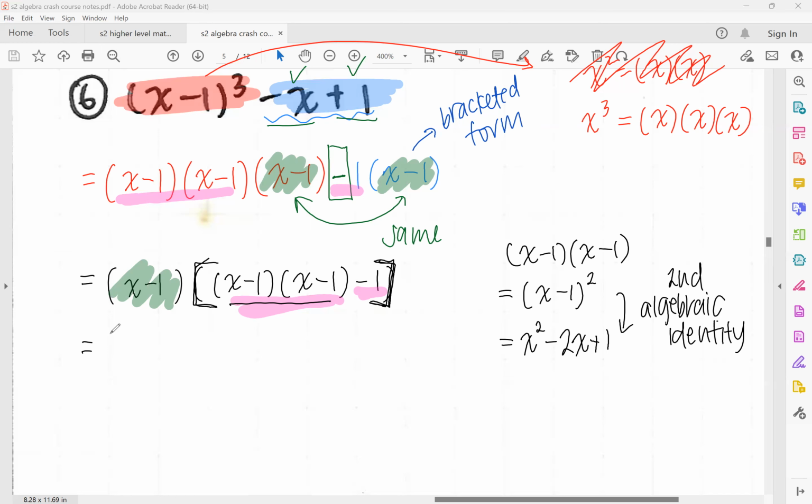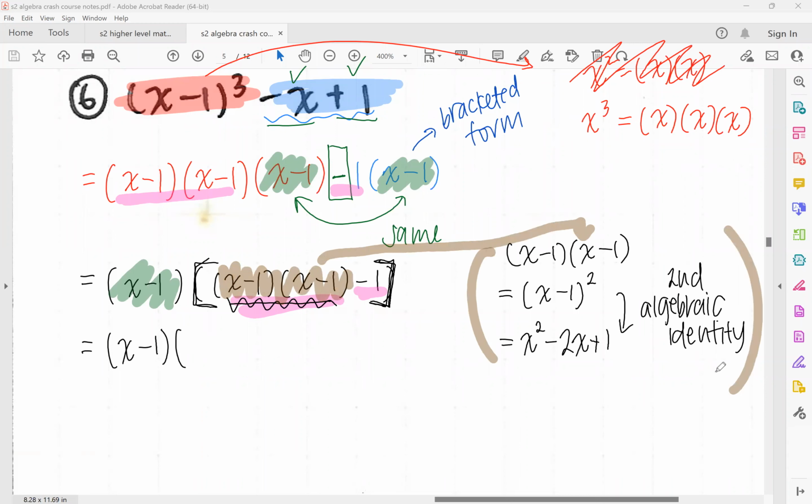Okay? So from here, I can just put x minus 1, then this is my second algebraic identity, right? What does it give me? x squared minus 2x plus 1. Then do I stop here? Minus 1. Yes, I must remember this minus 1 here.